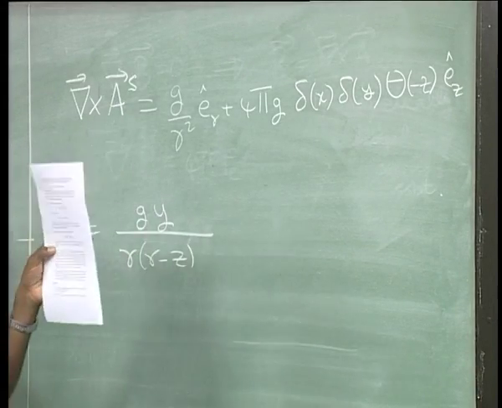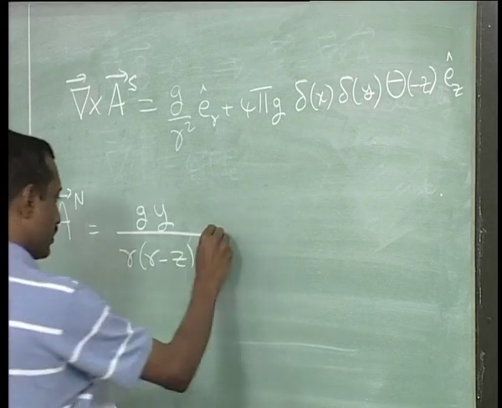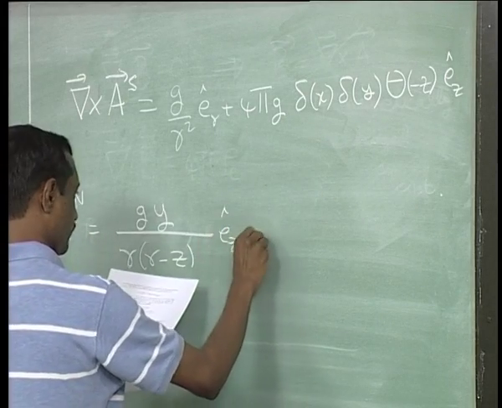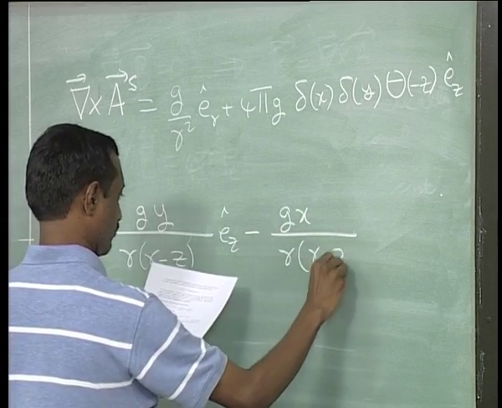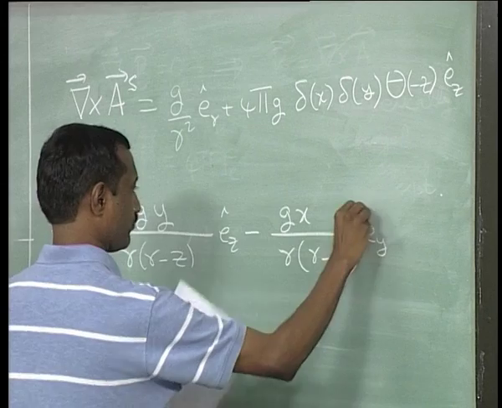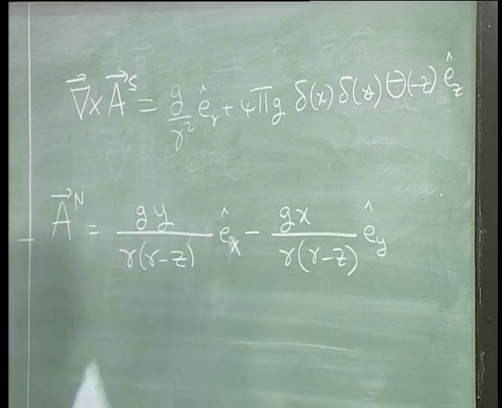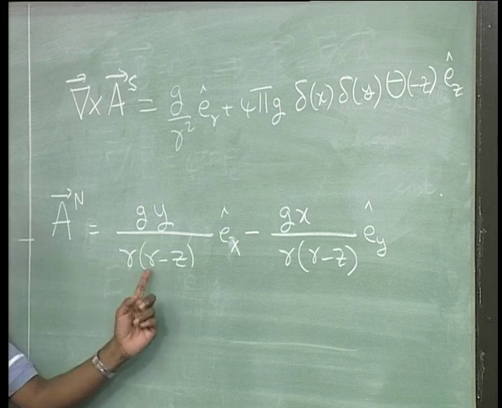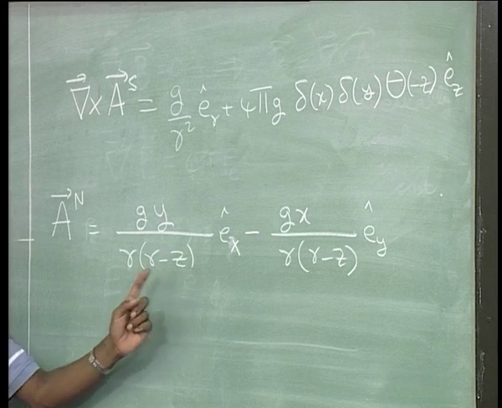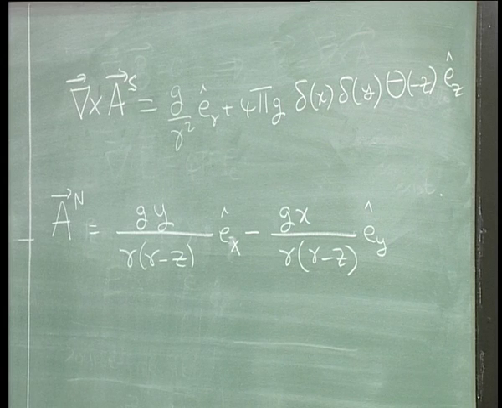This is just the assignment which I have given you. This has the same property, except that it now blows up at r equal to z, which is the positive z axis.